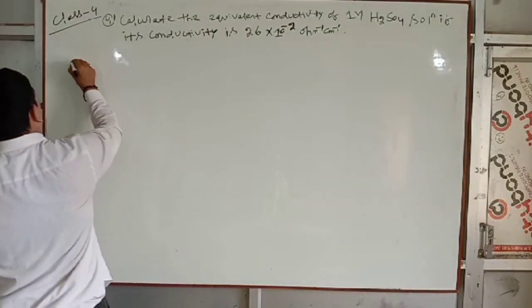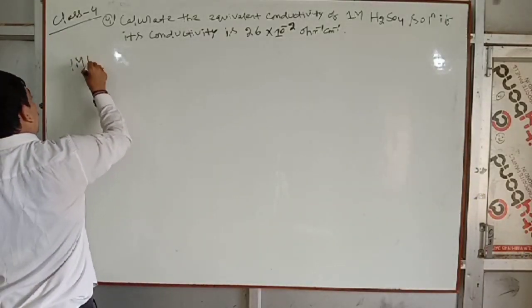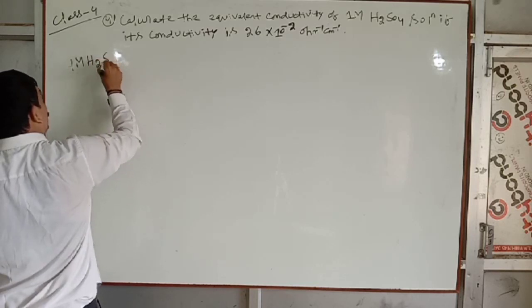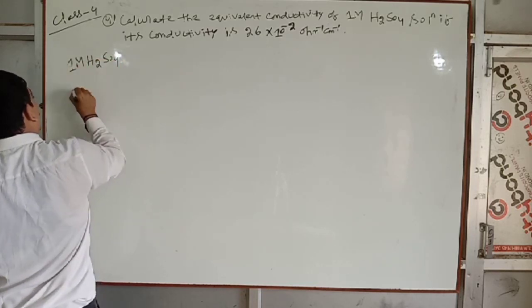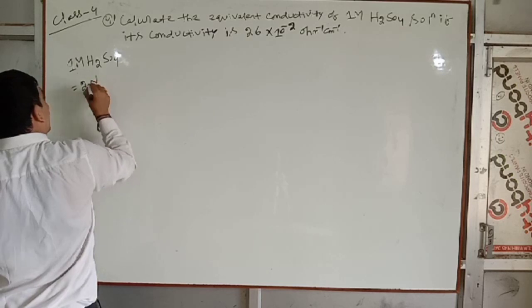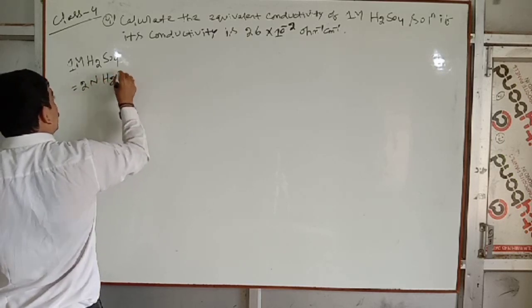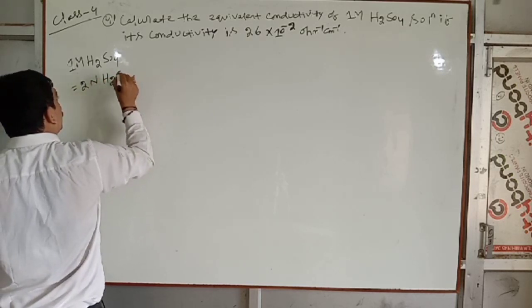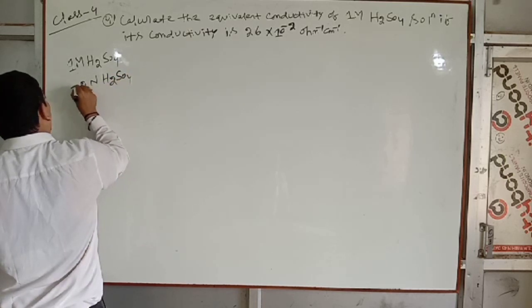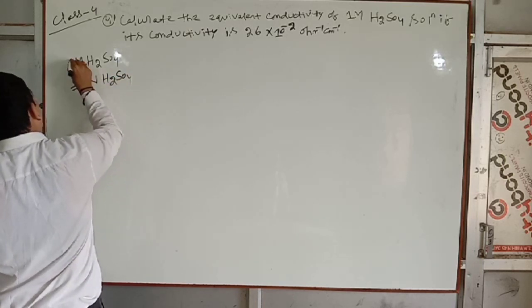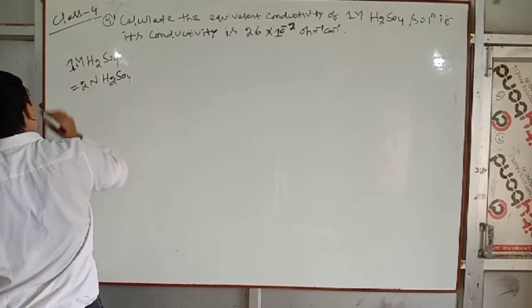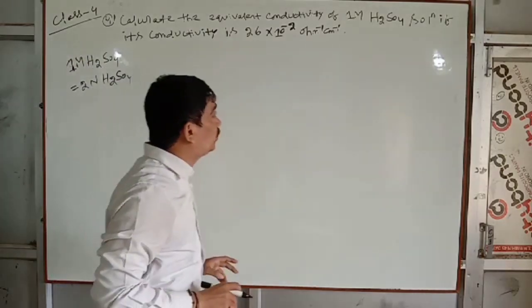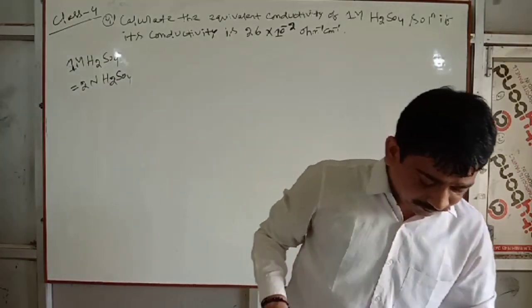Here you should remember: 1M H2SO4 equal to 2N H2SO4.